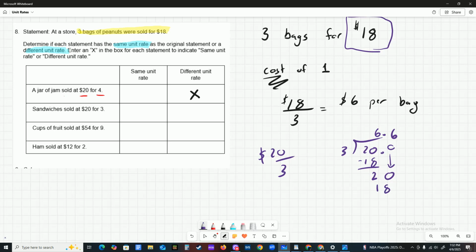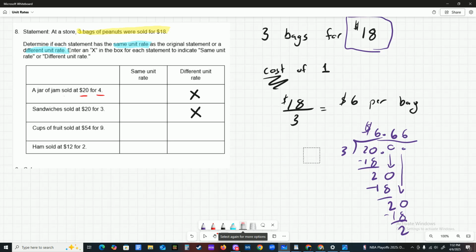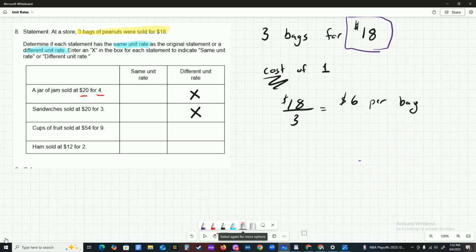We get 18. We get 2 again. It looks like the 2 is repeating. So this one is going to cost you $6.66. Is that the same as $6? No. So this one is also different. So far, so good, right? Let's keep going.